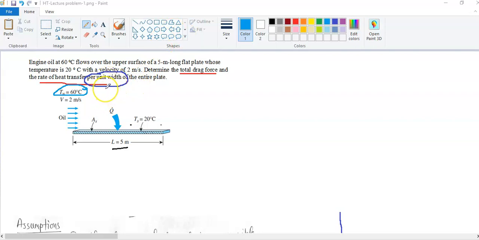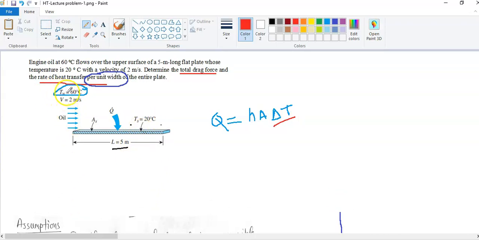When you understand that this is convection heat transfer, and for convection heat transfer, if you calculate the rate of heat transfer Q, it is equal to h A delta T. This is the formula you already used for many problems. Here delta T is the temperature difference between the surface temperature and the atmospheric temperature.